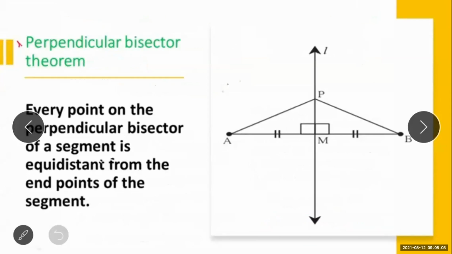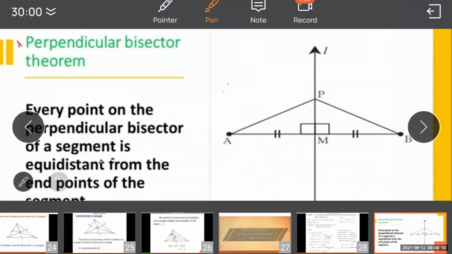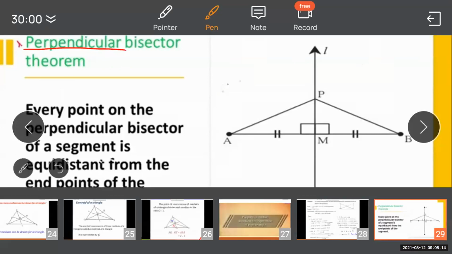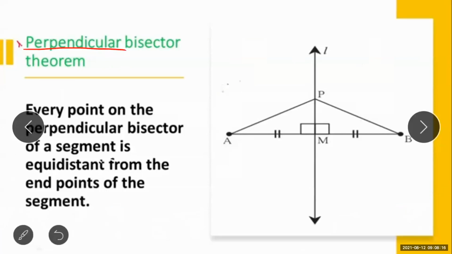Okay. Now what do the terms mean? Perpendicular, we know, means the angle making 90 degrees. So here is segment AB, and a line is drawn to it such that the angle of intersection is 90 degrees. So it is perpendicular to that segment.